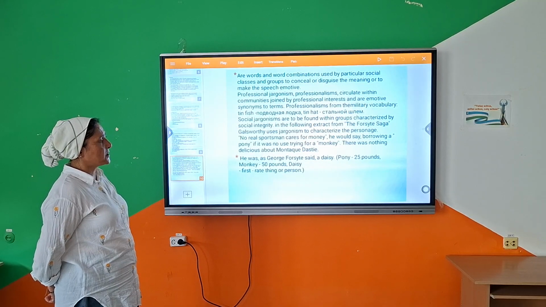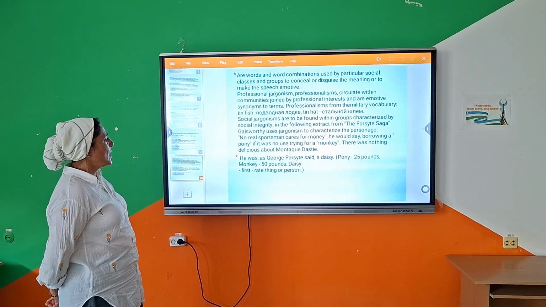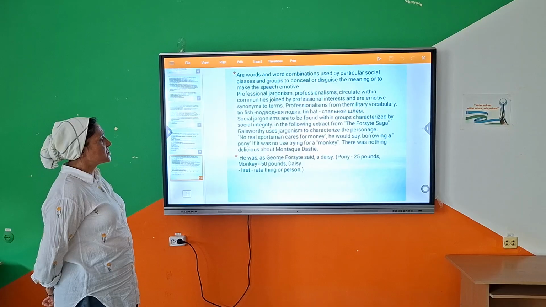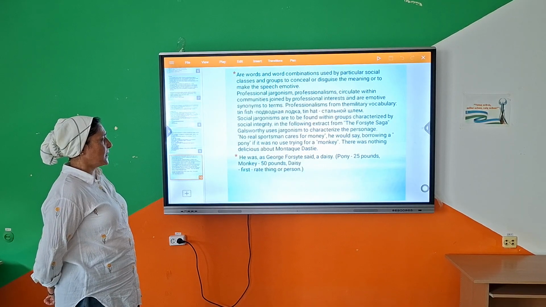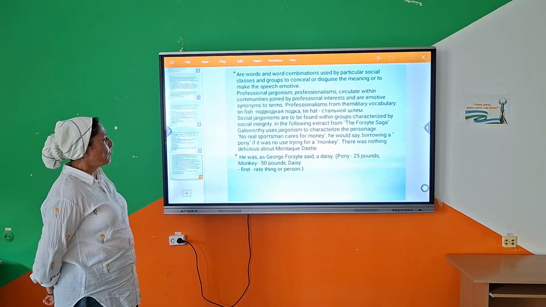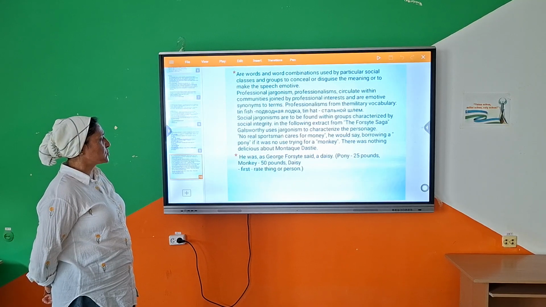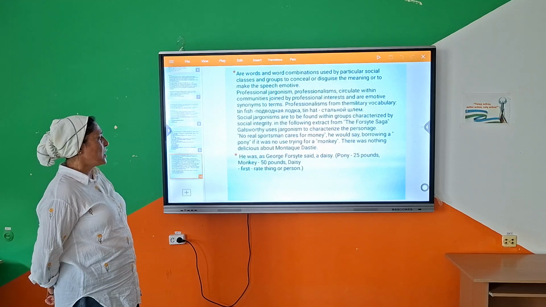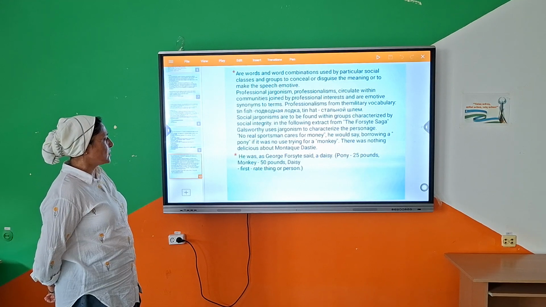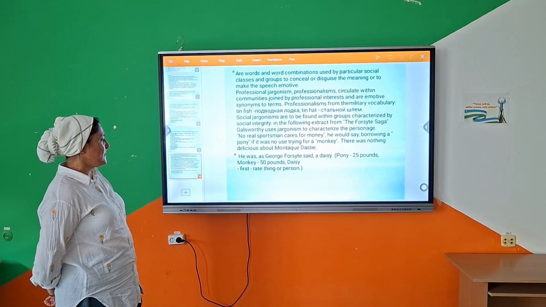In the following extract from The Forsyte Saga, Galsworthy uses jargonism to characterize the personage. No real sportsman cares for money, he would say, borrowing a pony if it was no use trying for a monkey. There was nothing delicious about Montague Dartie. He was, as George Forsyte said, a daisy.